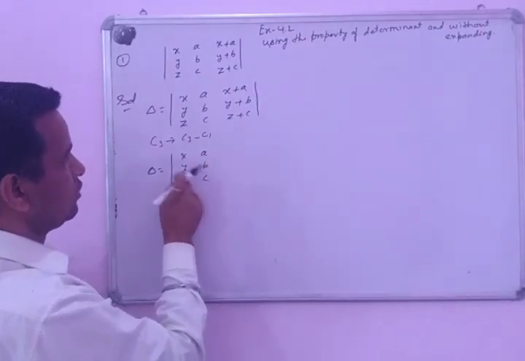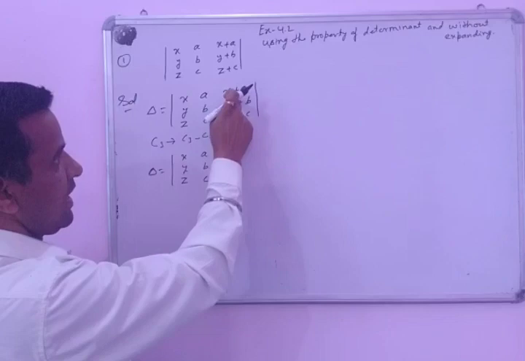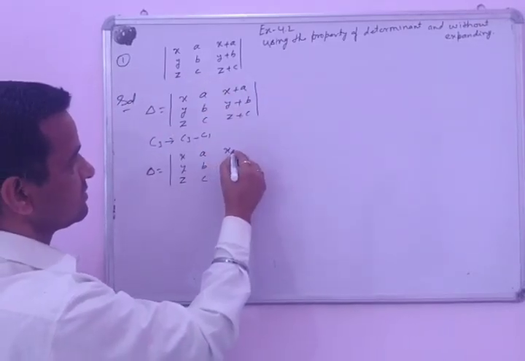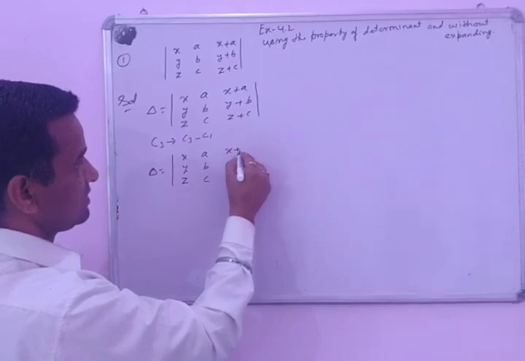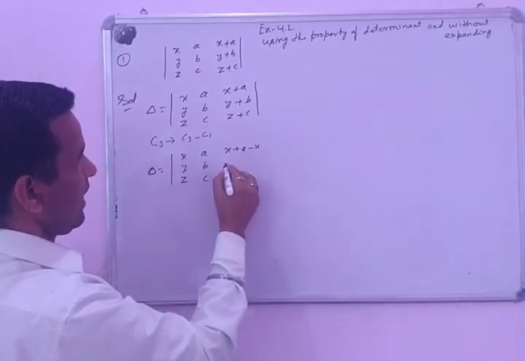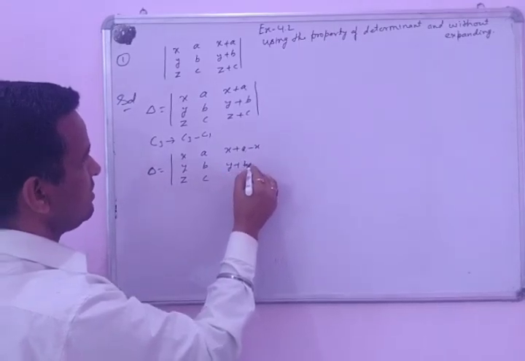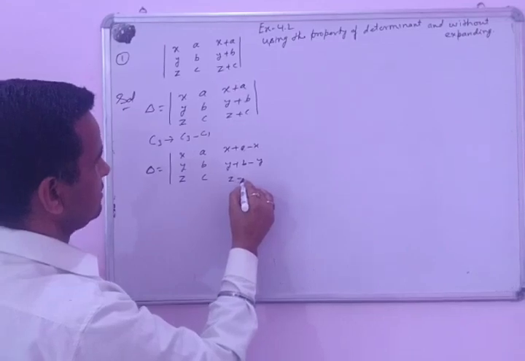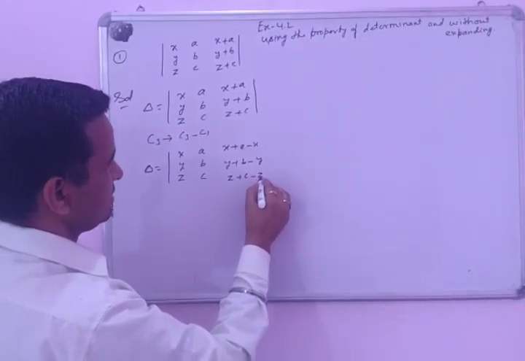This will not change because I am changing only C3. The third column becomes x plus a minus x, y plus b minus y, z plus c minus z.